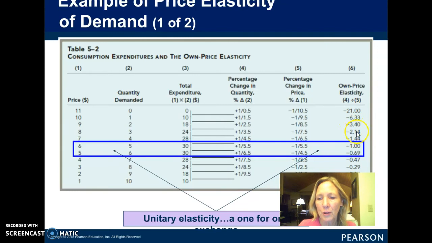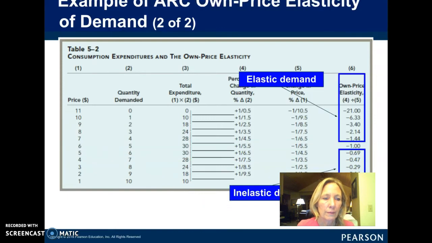The number is greater than 1. Those are elastic. Unitary elasticity, and then down here at the bottom you have inelastic. The number is less than 1, even though we don't use that negative sign. The negative sign just means demand is going down. So, just like I said.